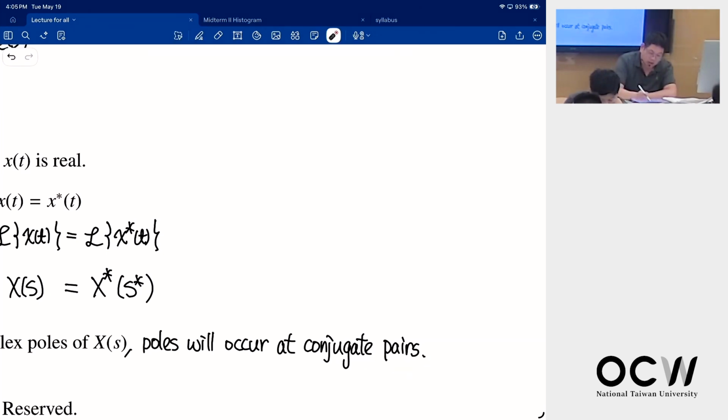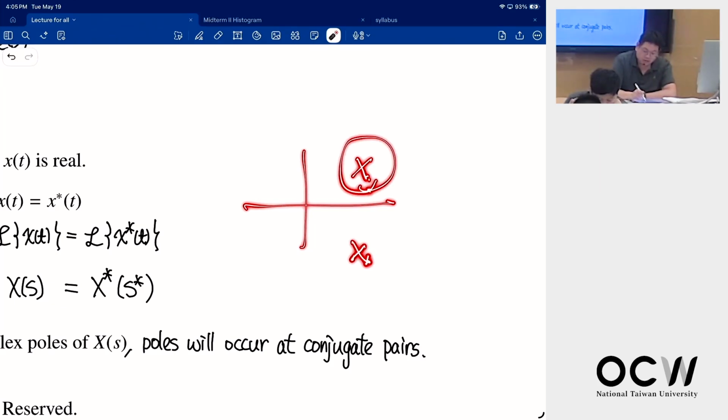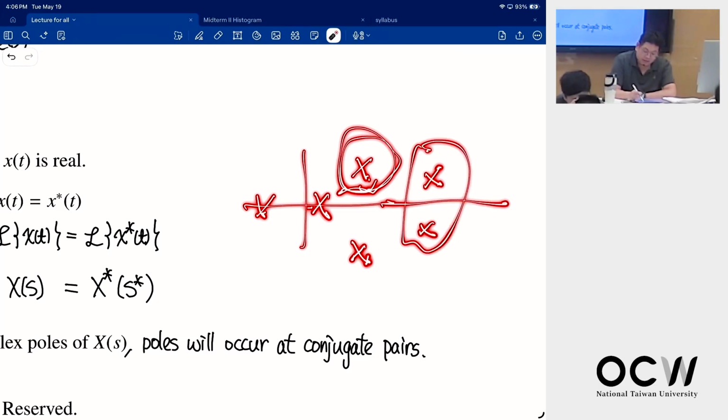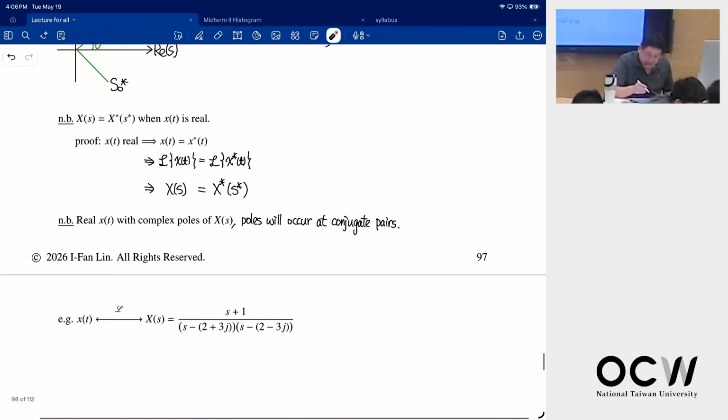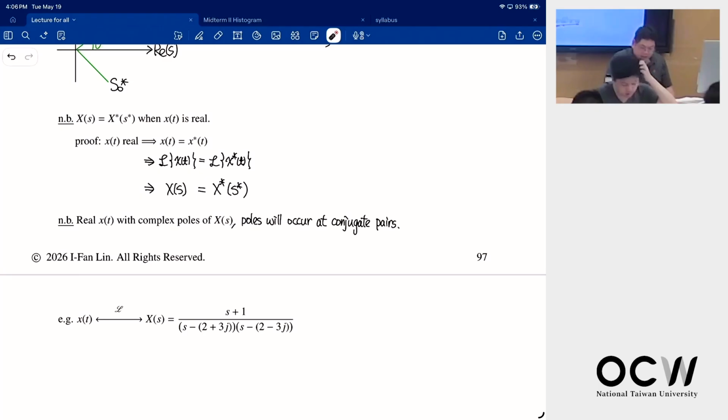If I have a pole here, you can expect I also have a conjugate pole, this one. I cannot just have this one alone. If it is on the real line, that's okay. But if it is in the complex plane, I also have a pair. So, for this example, can you identify or indicate the poles and zeros?